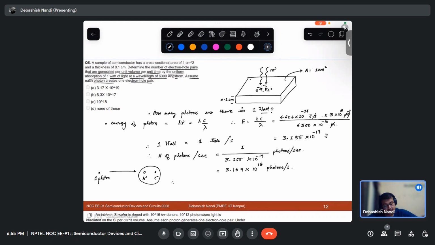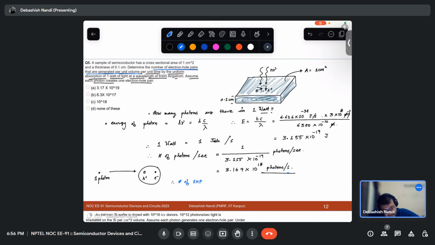Okay, and this is for your entire sample, right? This is for your entire sample, this 1 watt power. Okay, now we have been asked to find out the number of EHP, determine the number of electron hole pairs that are generated per unit volume per unit time. So per unit time we know, so per unit volume we just have to divide it by volume.